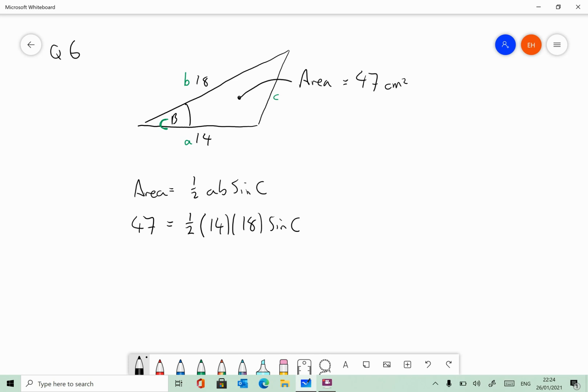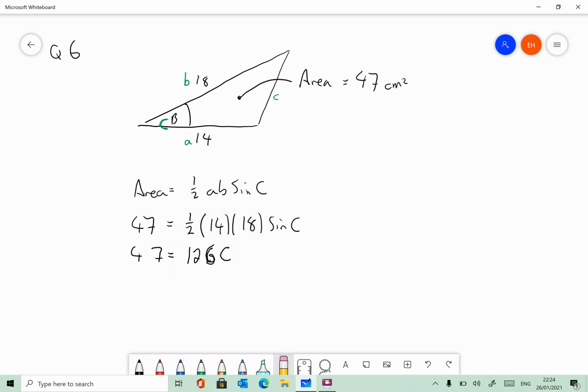What's 9/14s? Is that 126 or something? 0.5 multiplied by 14 multiplied by 18 equals 126. 126 is equal to 47, and that's C. Do you know what, lads?